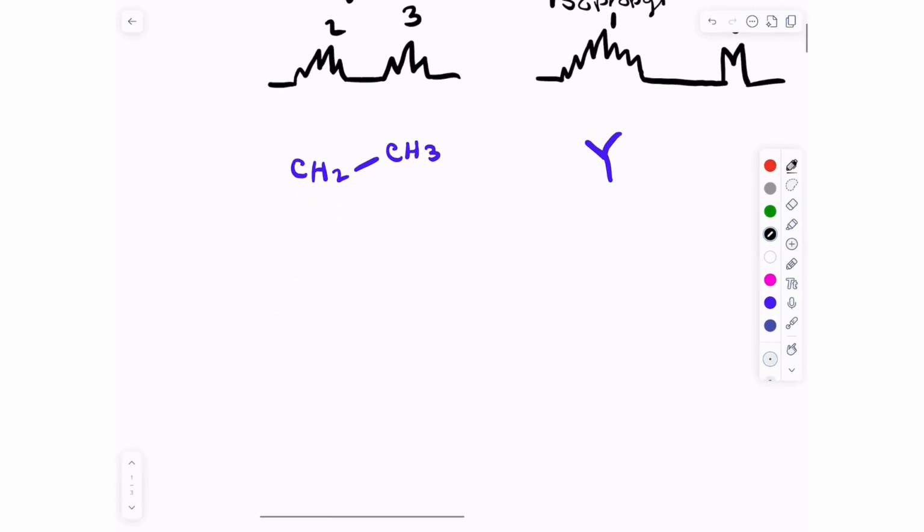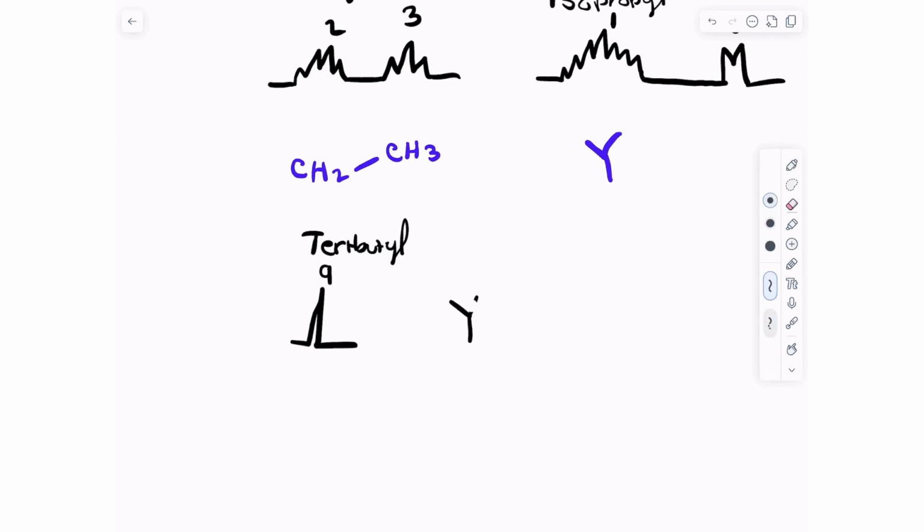Next pattern you can see is a tert-butyl. So tert-butyl will be a singlet with an integration of 9. Let me explain this, because this might be kind of confusing, because you would think there would not just be one signal.